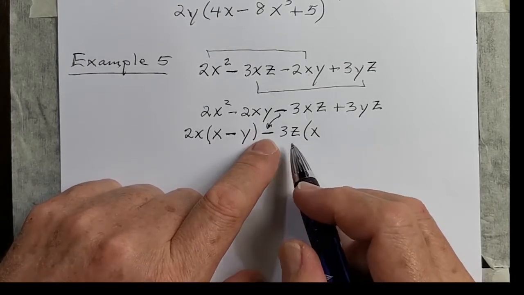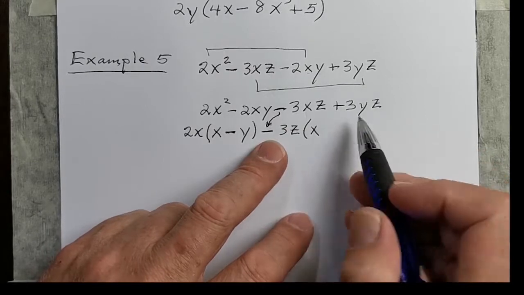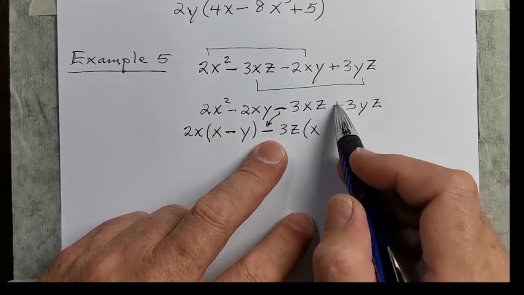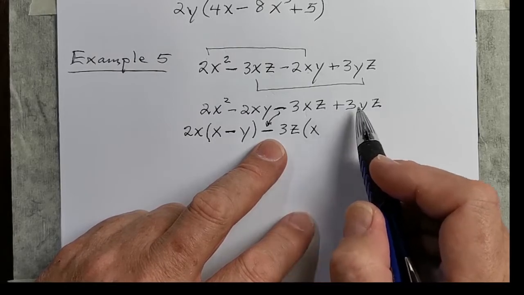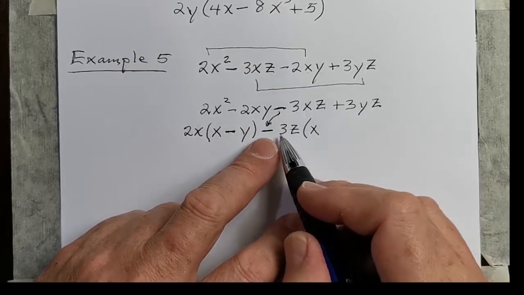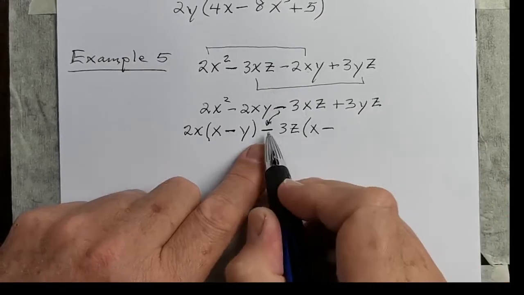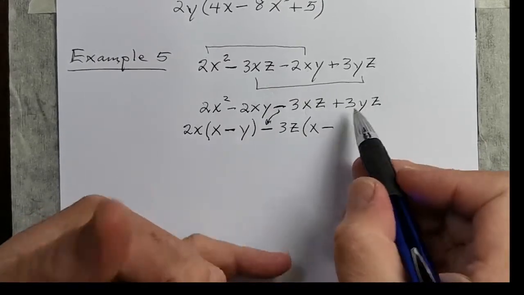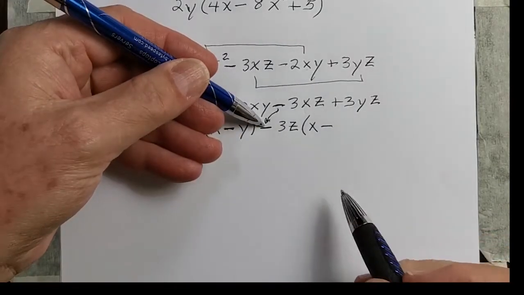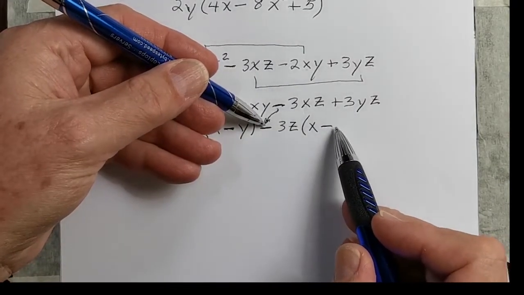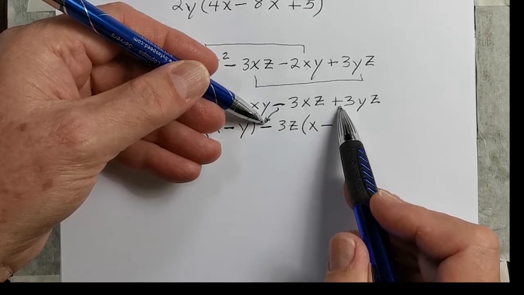Notice that if I'm going to subtract 3z times something, and it comes up to be plus 3yz, notice this is a positive, it's addition, adding 3yz, I have to have a minus sign here, because a minus times a minus will be a plus. Okay, again, a negative times a negative will be a positive.